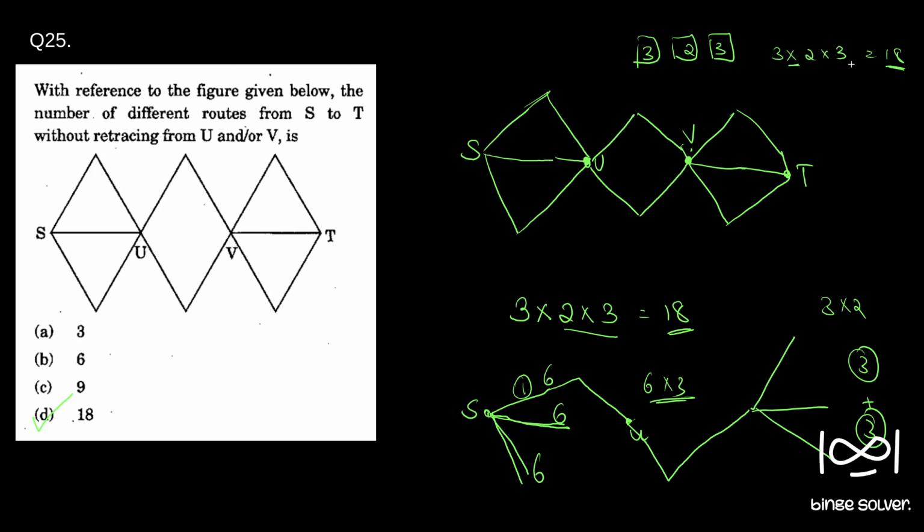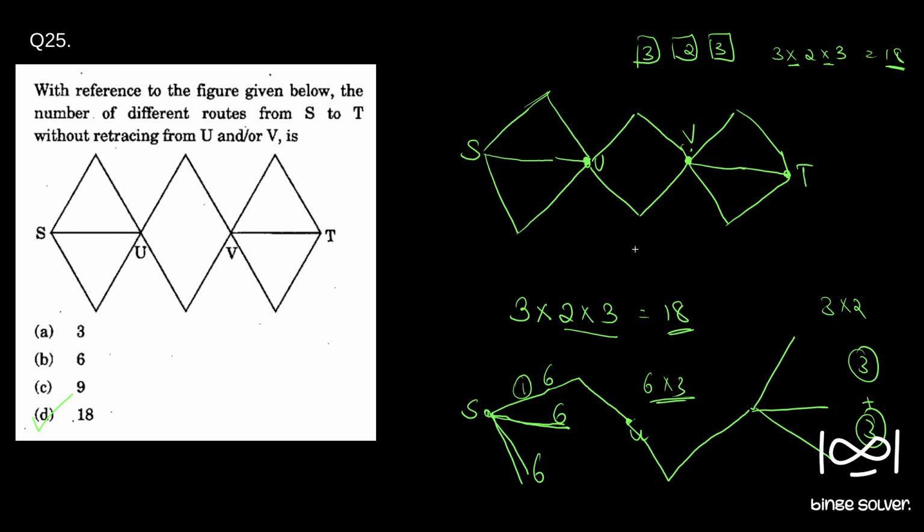That's how multiplication comes, and that is how the 18 cases I just drew and explained come about. Hope it is clear. If you are still confused, just comment and I will try to explain it more.